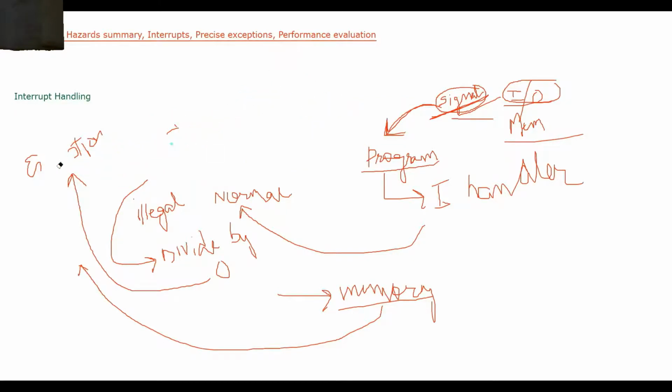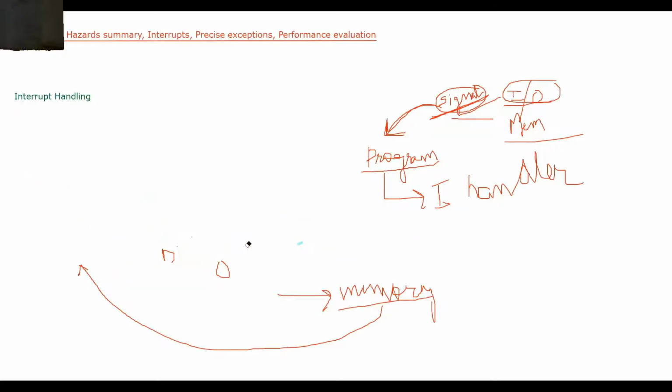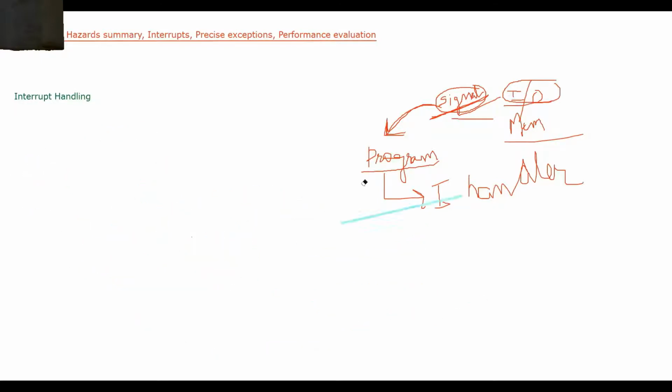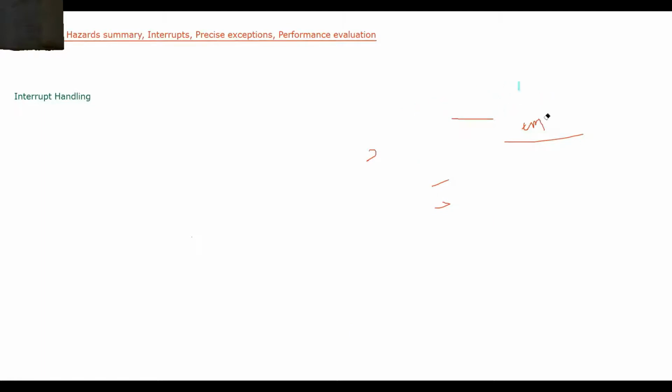Before discussing this, let me give the definition of a precise exception. What is the meaning of a precise exception? We know what interrupt handling is, so what is a precise exception? We can call it a precise exception or a precise interrupt.